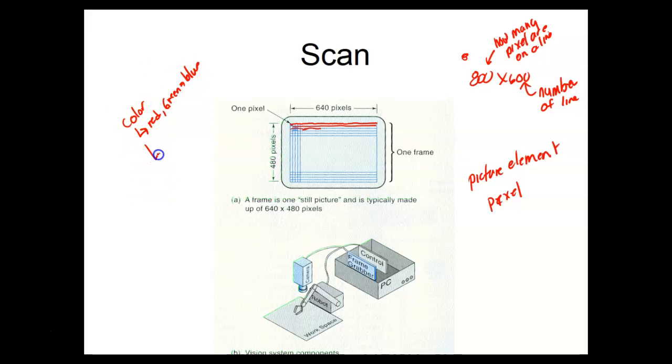And then we have rods, or I don't know the other one, that looks at shades of gray. So one of them is our black and white sensors, and one of them is our color. But basically, colors consist of three things, and you can actually see this on a screen.